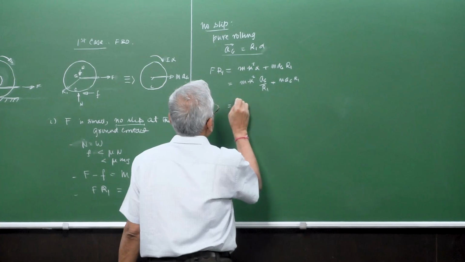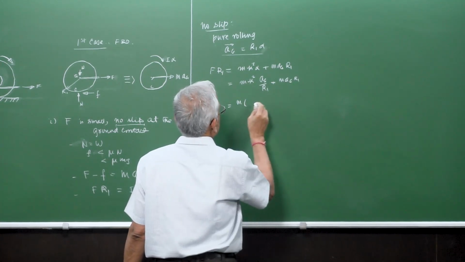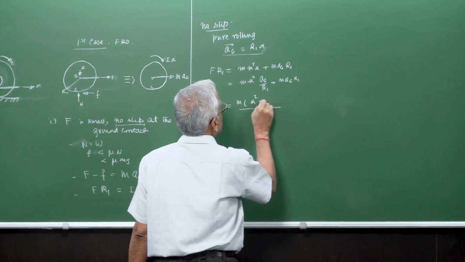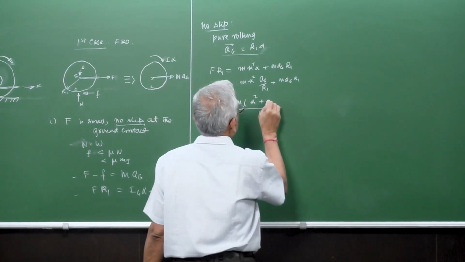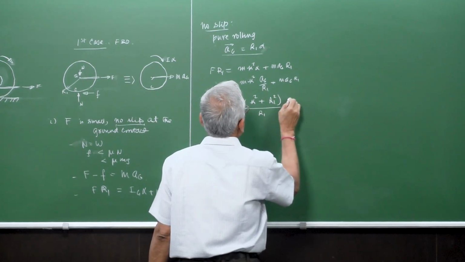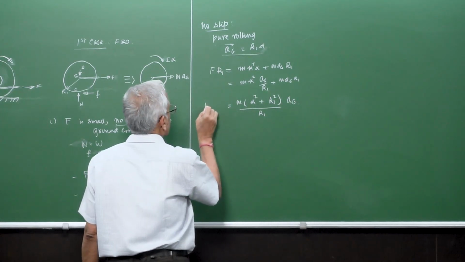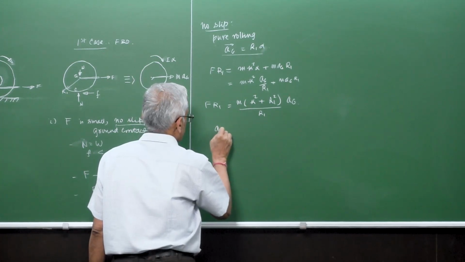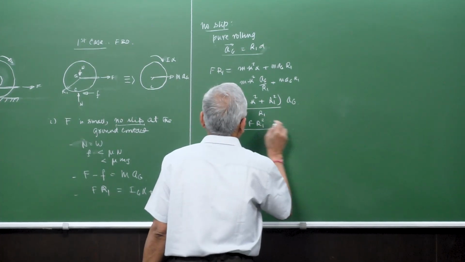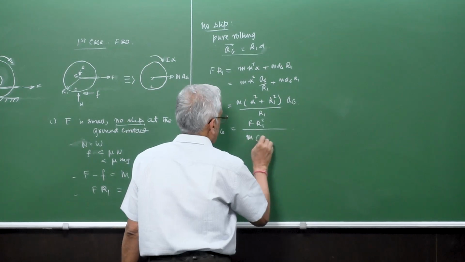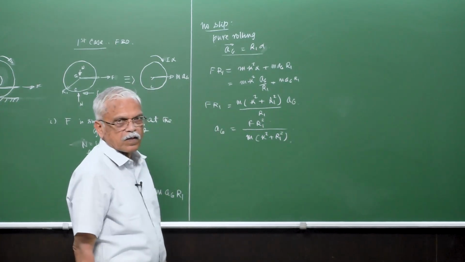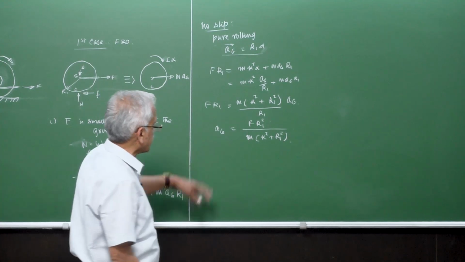So we have k square plus R1 square times, which gives us the acceleration here, F R1 square. So this is the linear acceleration.